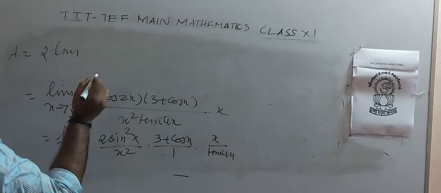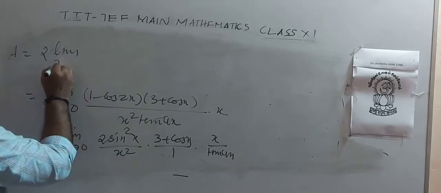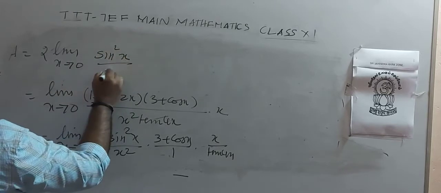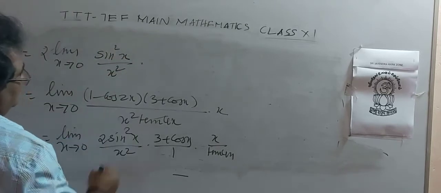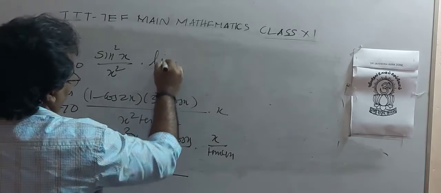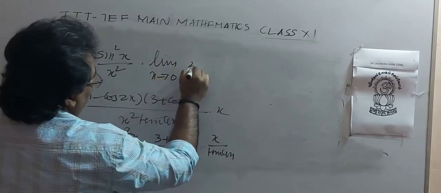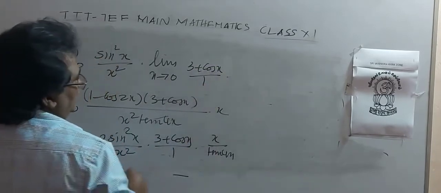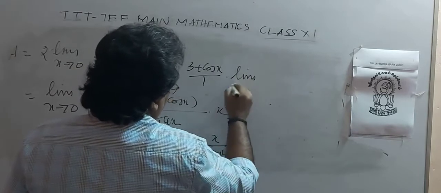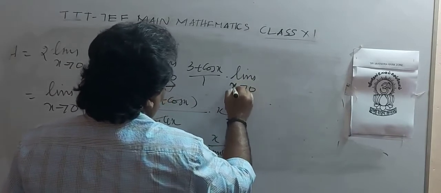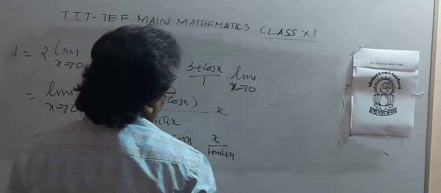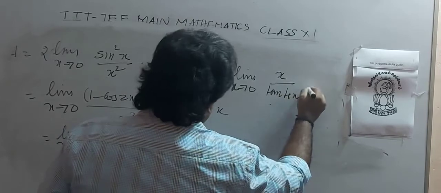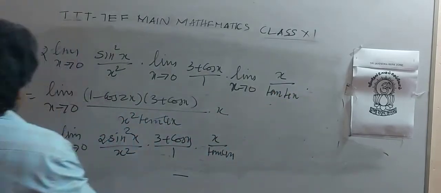2 into limit x tends to 0 sin squared x by x squared, limit x tends to 0 3 plus cos x by 1, limit x tends to 0 x by tan 4x.